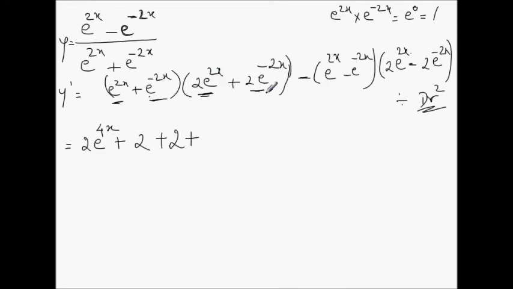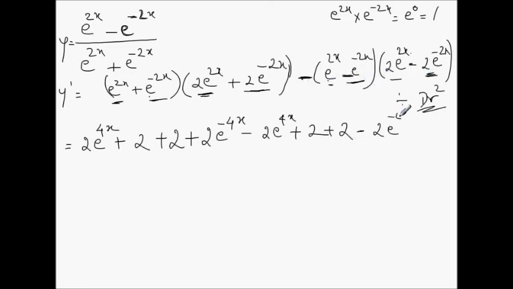And the next one, e power minus 2x times 2e power minus 2x would be 2e power minus 4x, and the same thing here, but be careful with the negative sign outside. So minus 2e to the power of 4x, the first terms, and then plus 2, which is this and this. Next, this and this would be plus 2 again, because there is a minus and a minus. And then this and this would be minus 2e to the power of minus 4x, divided by the denominator square.